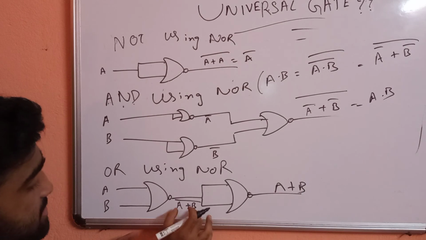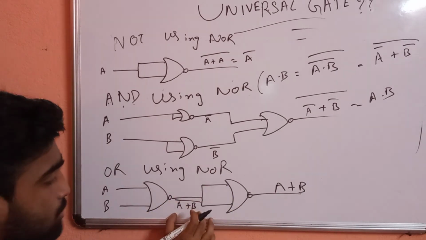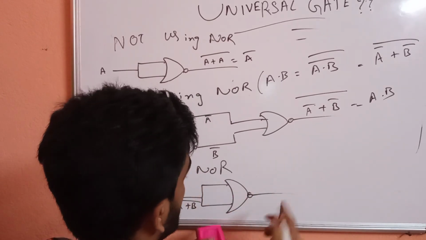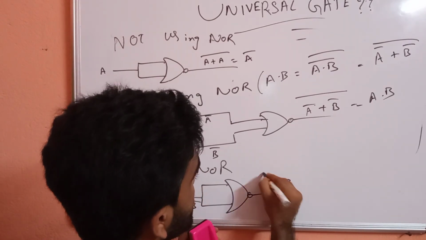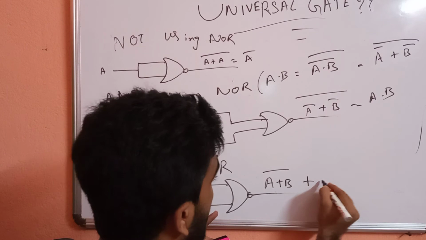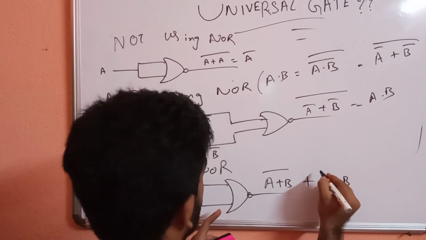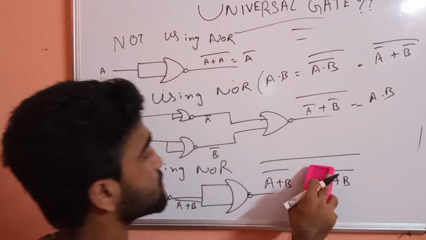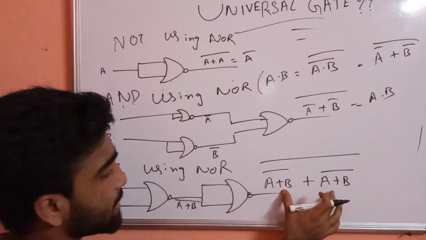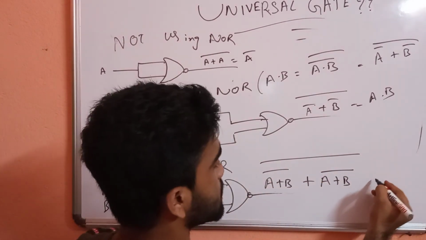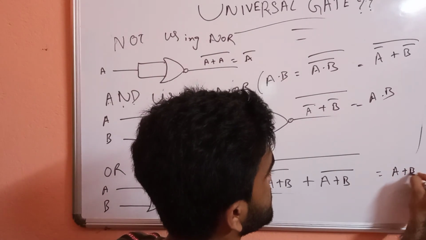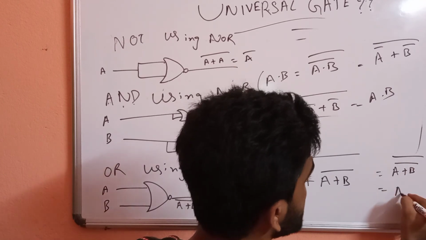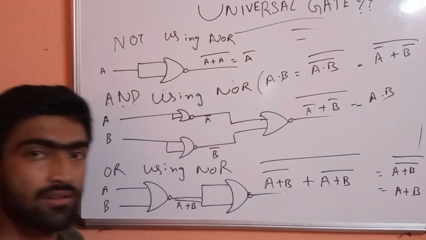Now using the same output twice as input here, we are getting A plus B whole bar plus A plus B whole bar, and negation of the whole thing, A plus B whole bar whole bar, that means A plus B, right?